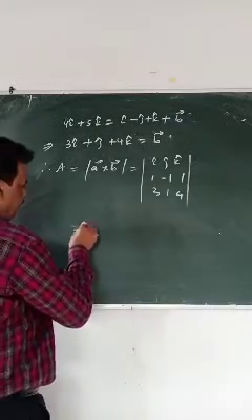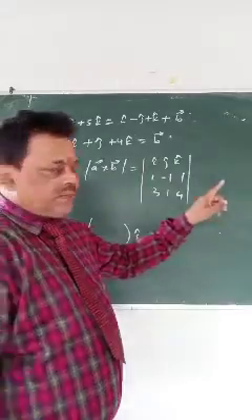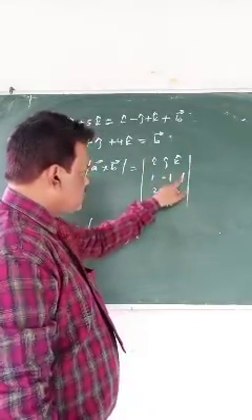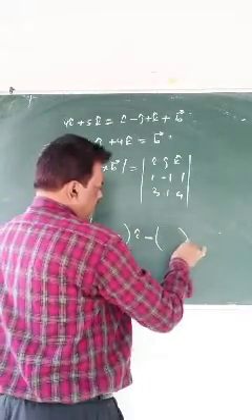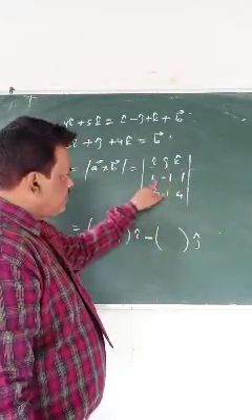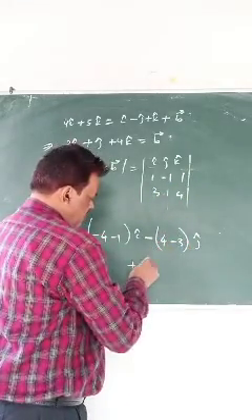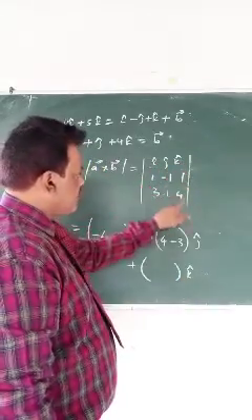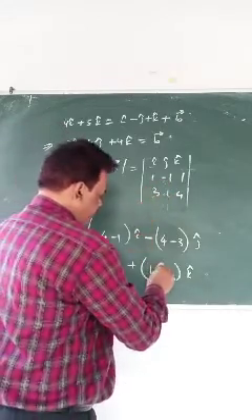This is I times the I line determinant, remember, you have to forget the I line: minus 4 minus 1, minus J times the J line, you have to forget: 4 minus 3, plus K times the K line, you have to forget: 1 plus 3, because minus is here, 1 plus 3.